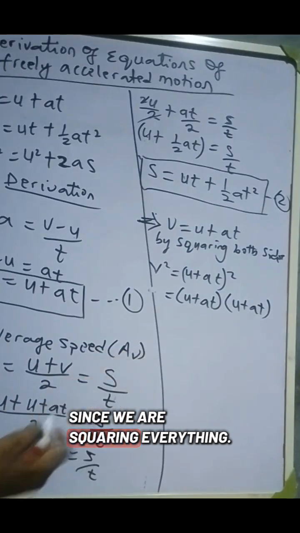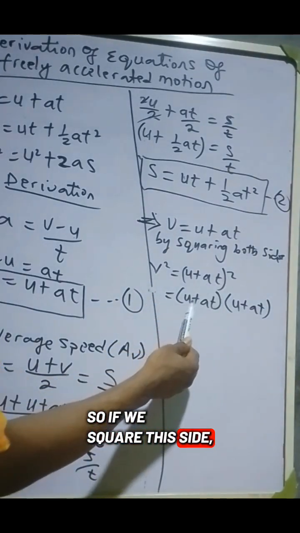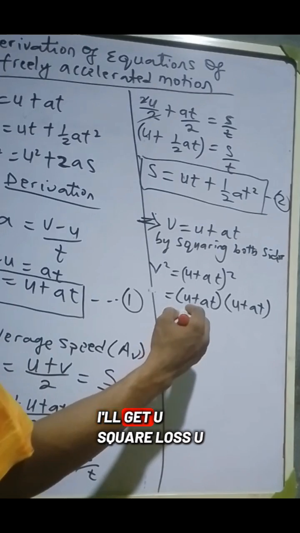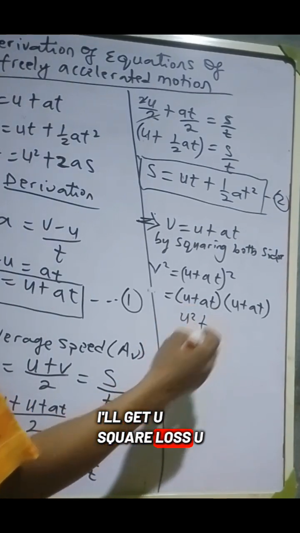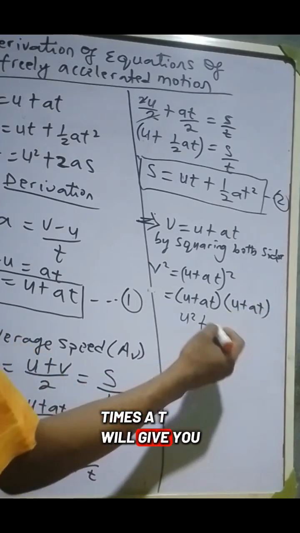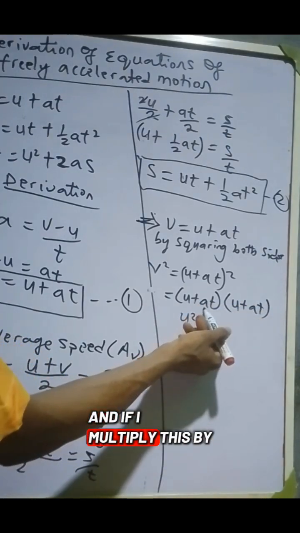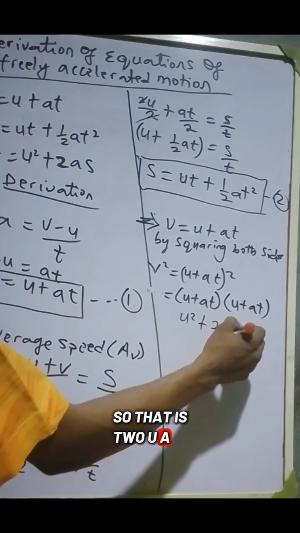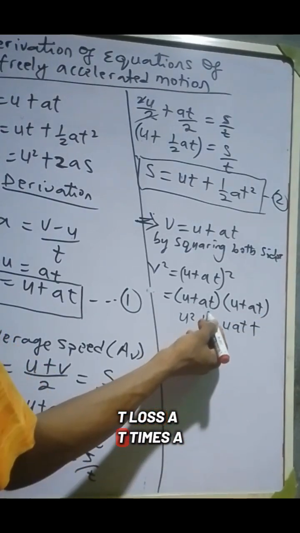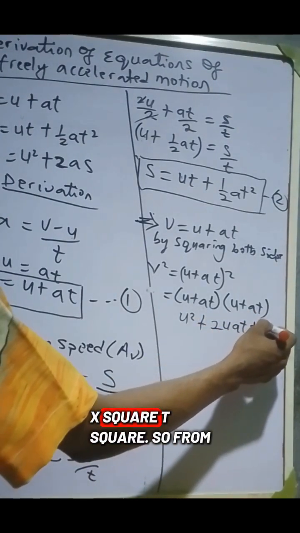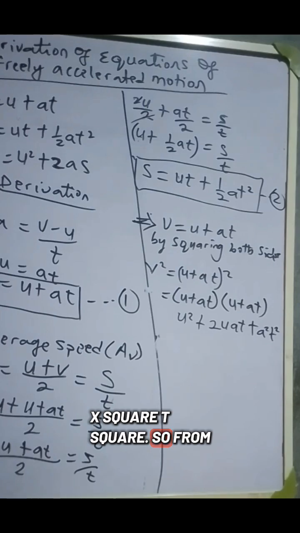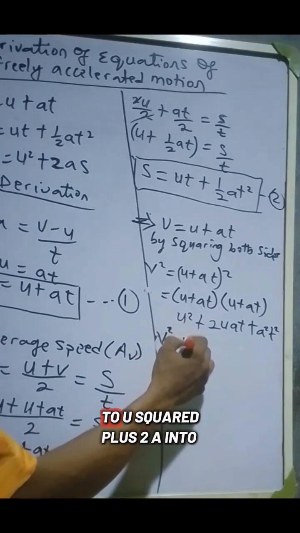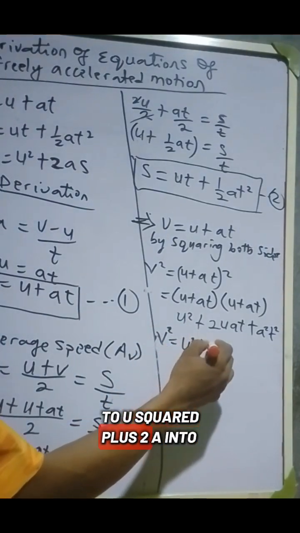If I multiply u times u, I get u squared, plus u times at gives you uat. And if you multiply the other at by u, it gives me uat. So that is 2uat, plus at times at, which is a squared t squared.